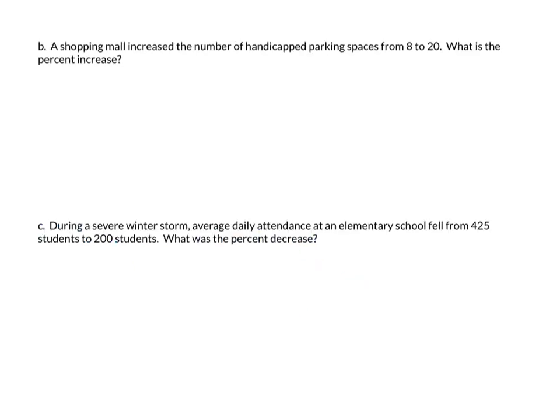Okay, let's try another couple of examples. We have example B, a shopping mall increased the number of handicap parking spaces from 8 to 20. What is the percent increase? So our amount of the increase, we're going to subtract. We get 20 minus 8 equals 12. When we set up our proportion, we get P over 100 equals 12 over, what did we start with?